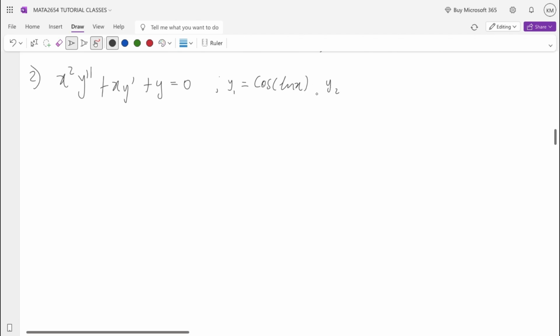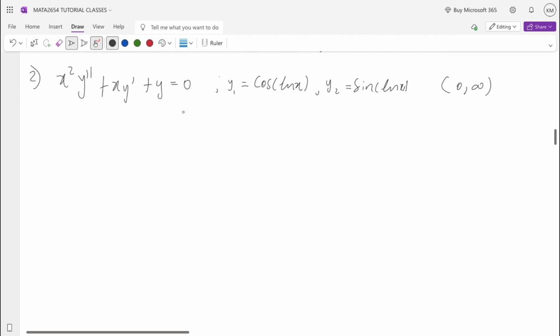They gave you y2 as sine of ln x on the interval 0 to positive infinity. Okay, so this is where the things will be defined. And the question is find the general form or verify.